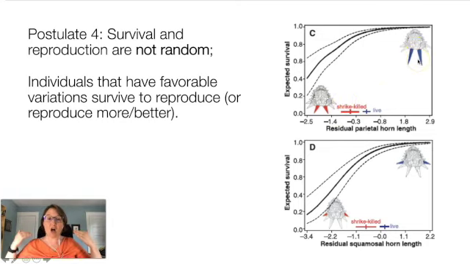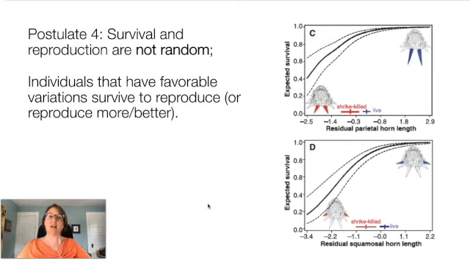Horned lizards, if they have long horns, are more likely to survive than the horned lizards that have shorter horns, at least in terms of shrike predation, or predation by those small songbird predators. And I wanted to establish here that not all lizards survive with an equal chance. Some with the large horns, the one kind of phenotype, survive at a higher rate than those with smaller horns. So that basically illustrates the fourth postulate, and you can think of other examples here.